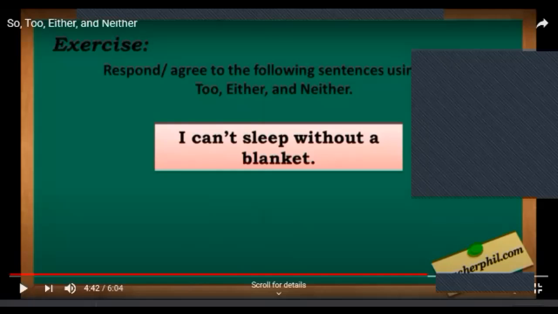I can't sleep without a blanket. I can't neither. I can't either. or neither can I.